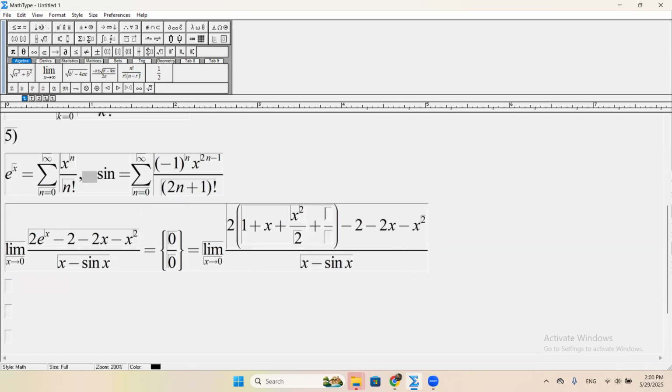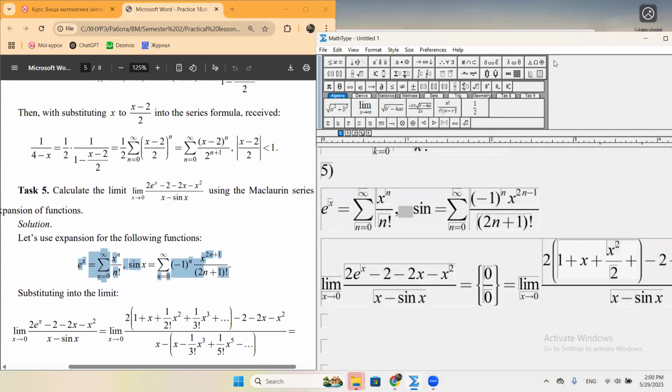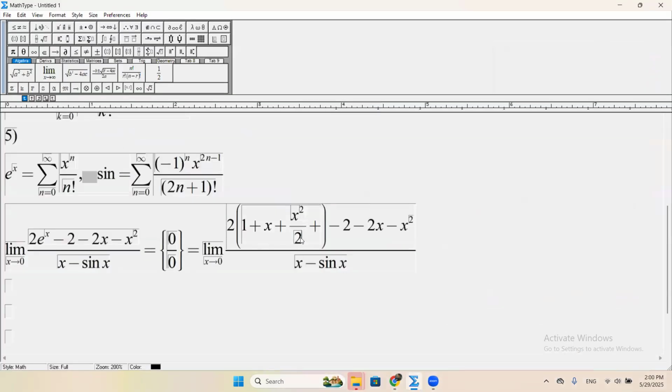Okay, x square would be enough, I guess, but let's use x cube as well, over 3 factorial, since 2 factorial equals 2, plus and so on.